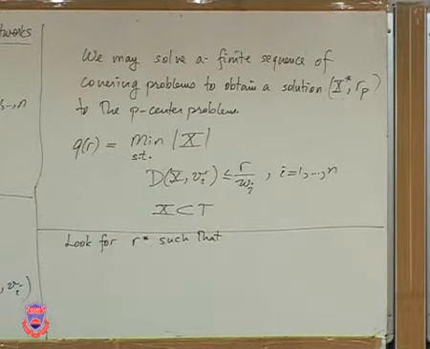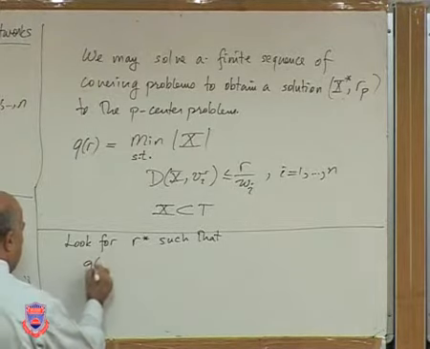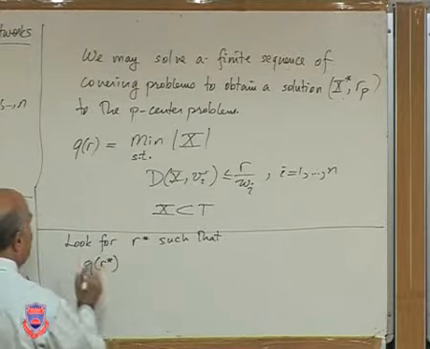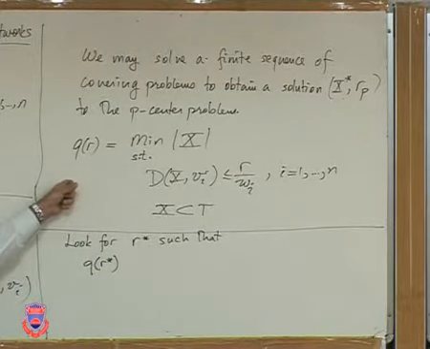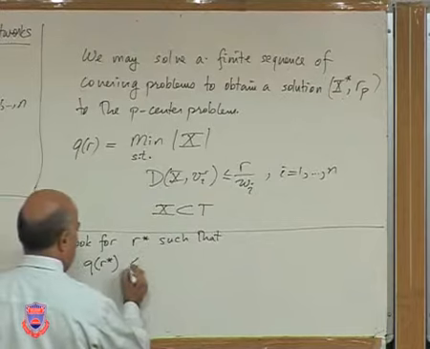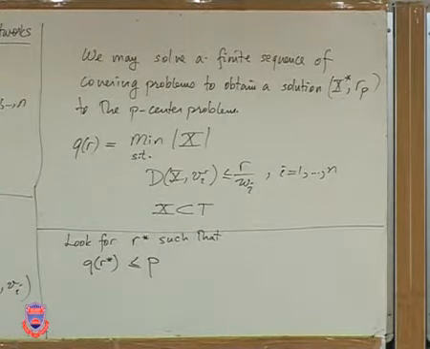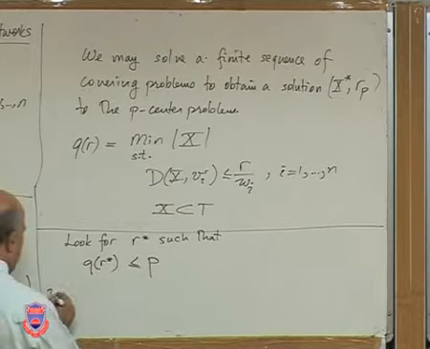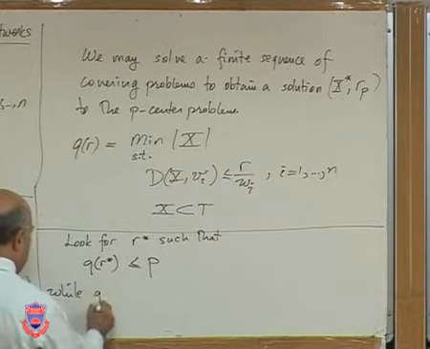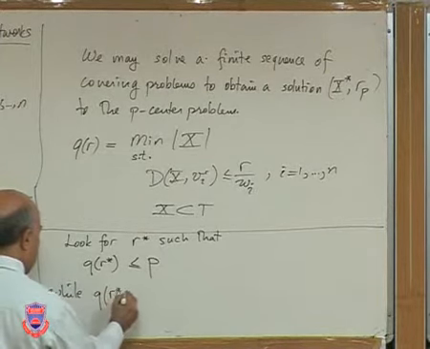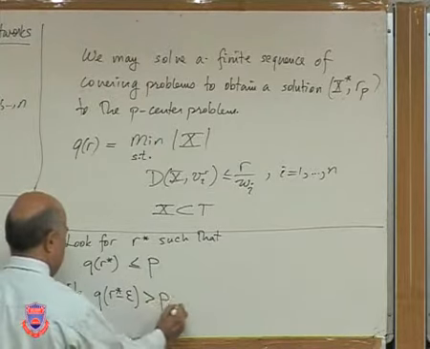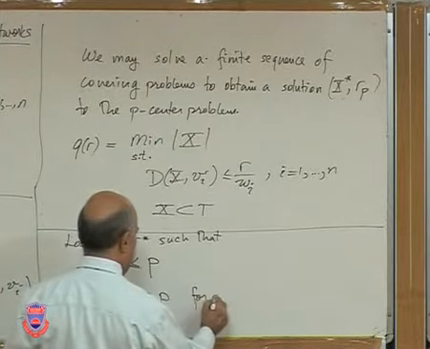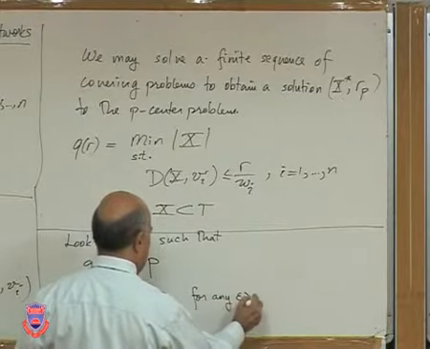You're looking for a particular value of r, say r star, such that the output of the covering problem is less than or equal to the fixed number p, while q of r star minus epsilon is greater than p for any positive epsilon.